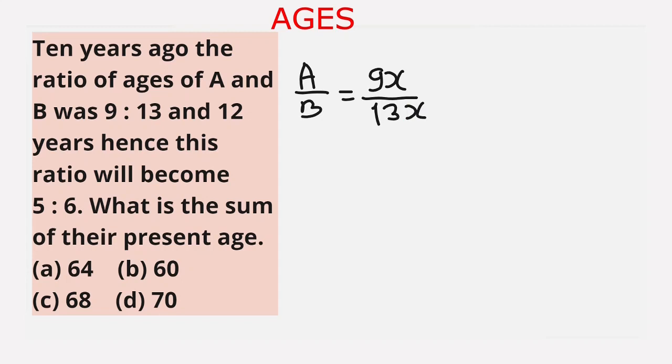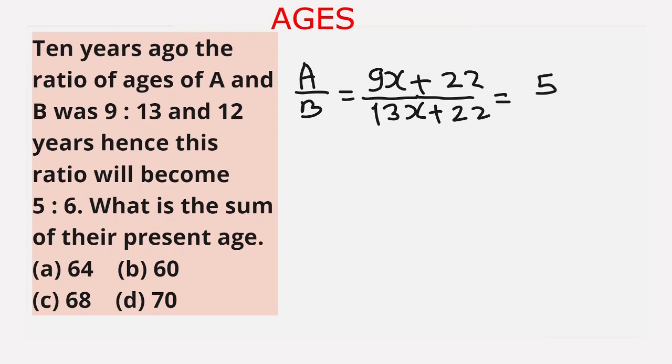And the other ratio given to us is 12 years hence, that is 12 years from now. So the total difference is 10 years plus 12 years, which is 22 years. So I have to add 22 to 9x and also 22 to 13x, and the new ratio comes out to be 5:6.